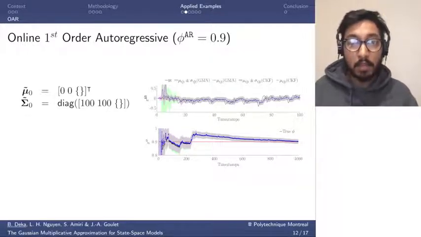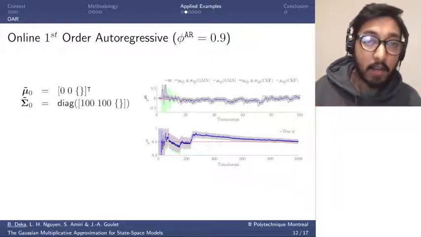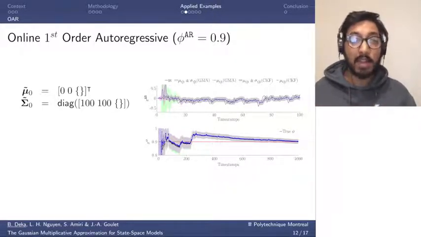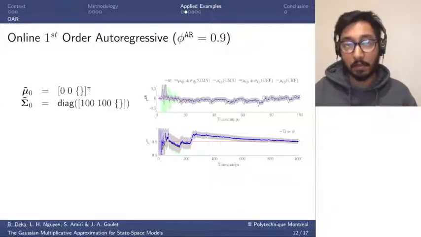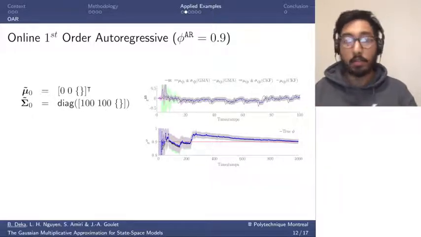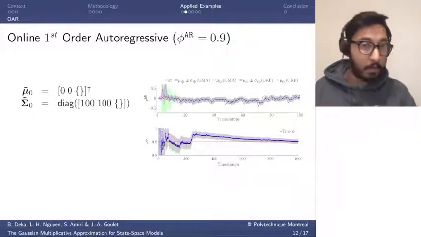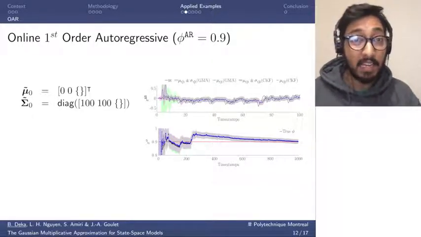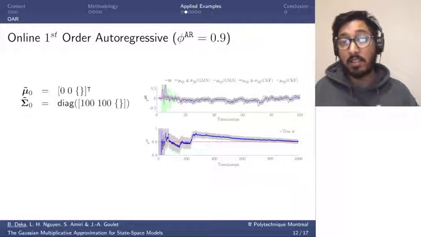Moving ahead, on the right, I present the figures for estimating both X phi and XAR together. Here I also compare with CKF, which is the Kubacher-Kalman filter, which I do throughout for all the numerical examples in the paper. In green, we show the uncertainty regarding the GMA.